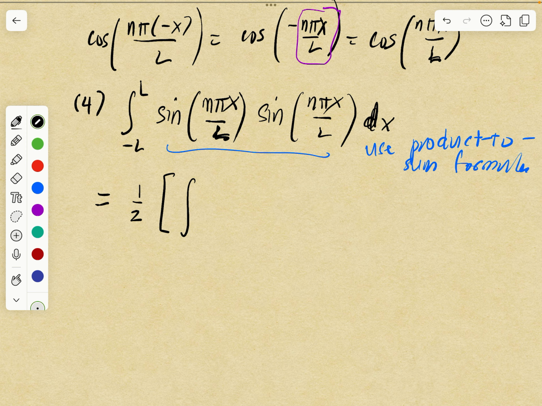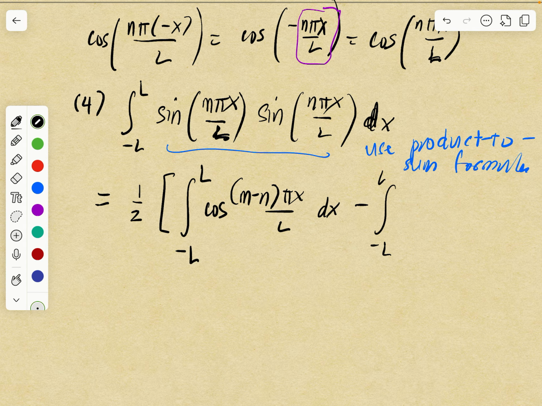You get 1/2 outside, because you have something divided by 2. So it's 1/2 times the integral from negative L to L of cosine of (m minus n) pi x over L, minus the integral from negative L to L of cosine of (m plus n) pi x over L.